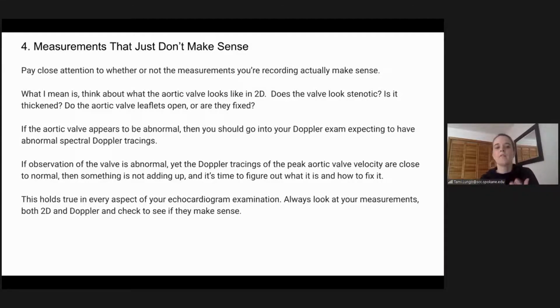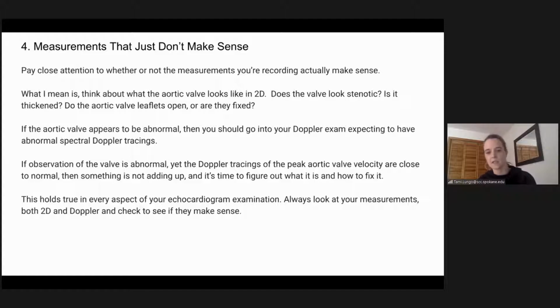If you have an aortic valve that is super bright and looks sclerotic, doesn't open very well, and you're getting a normal velocity across it, you have to ask yourself why, because it shouldn't be normal. So 2D is super important to look at the anatomy, and then color should verify that it's turbulent, and then your pulse wave or your continuous wave should validate what you're seeing.